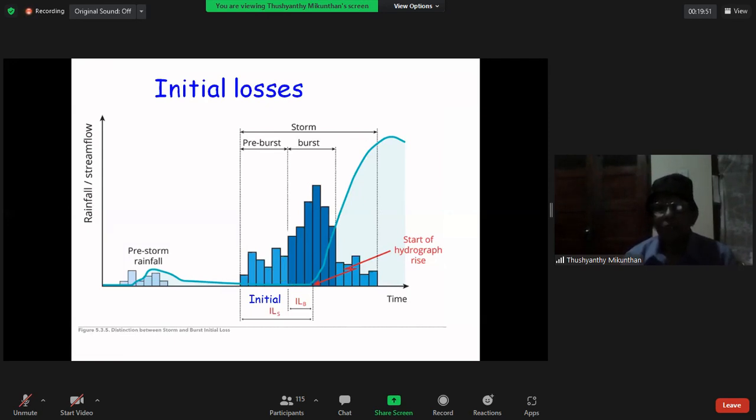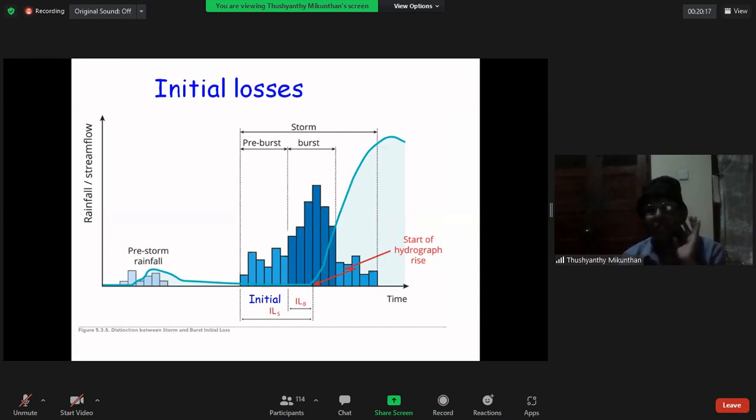Whatever rainfall we have in the catchment before this hour is equal to the initial loss. If we are asked to define initial loss, simply draw this graph and then define it, because without the graph we can't explain the initial loss.